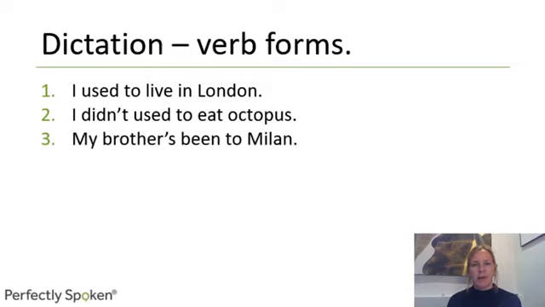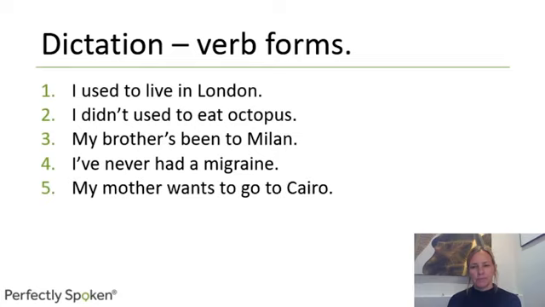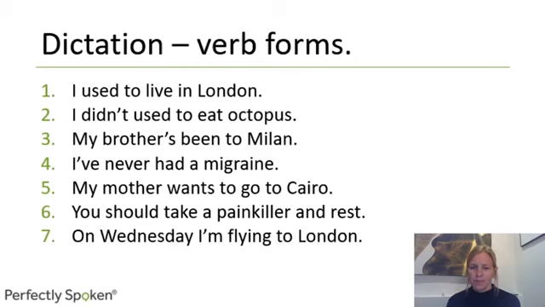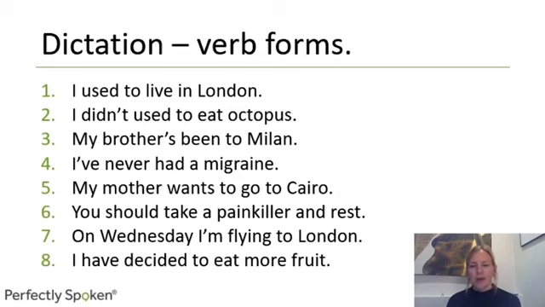My brother's been to Milan. I've never had a migraine. My mother wants to go to Cairo. You should take a painkiller and rest. On Wednesday, I'm flying to London. I have decided to eat more fruit.